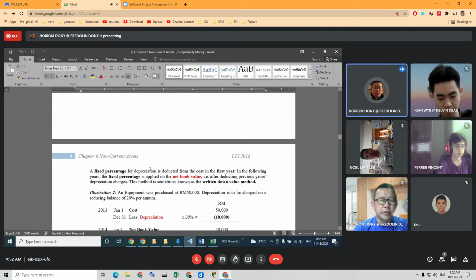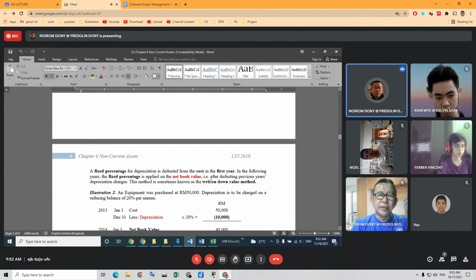But second year onwards, means second year, third year, fourth year, fifth year, you have to times the percentage with the net book value. So remember, net book value is cost minus accumulated depreciation, after deducting the previous year's depreciation charge.